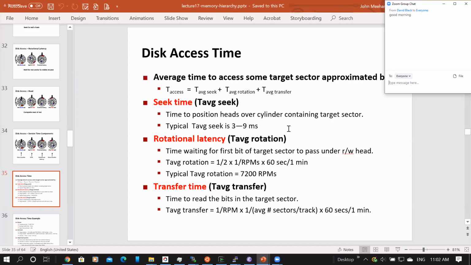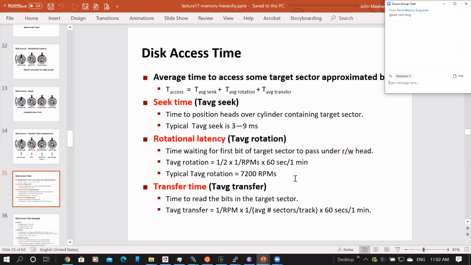So anyway, suppose 3 to 9 milliseconds is what the average seek time looks like, and then if the thing was spinning at 7,200 RPMs, what would be the rotational latency? For an average, you just say, everything else being equal, randomly, which sector are you after? I have to wait half a rotation on average for the thing to roll around. So that's what you'd use: half of 1 over the RPMs at 7,200 RPMs.